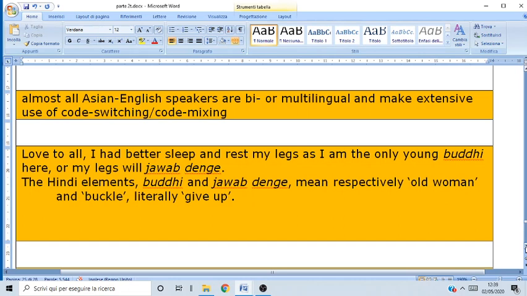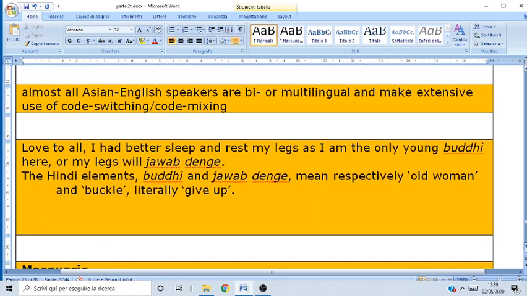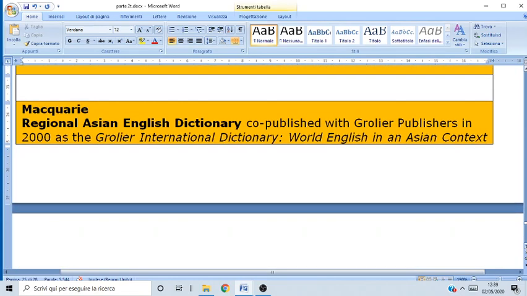There's some code mixing, and there are the Hindi elements, Buddhi and jawab denje, that mean old woman and to give up. So somebody who does not belong to that community will not understand this.